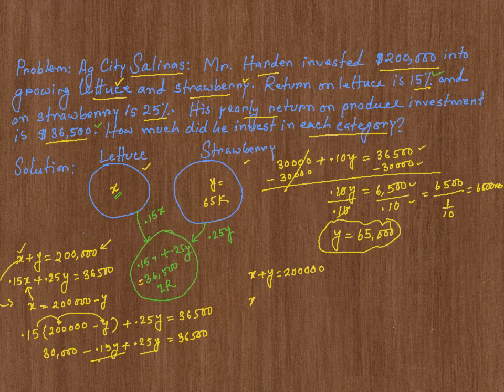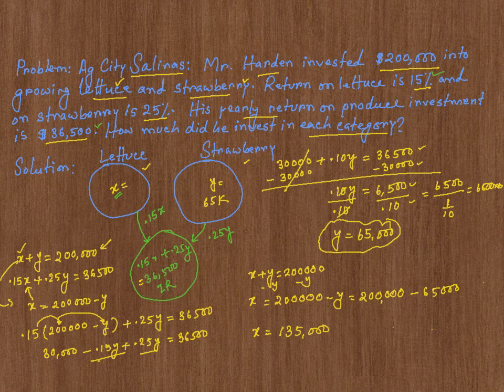Now easily we can find X, from this equation X plus Y is 200,000. X is equal to 200,000 minus Y. I subtract Y from both sides, just to let you know. 200,000 minus 65,000 gives me X equal to 135,000, so X is 135K.